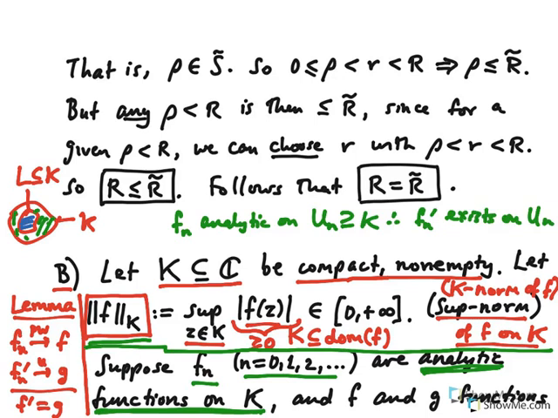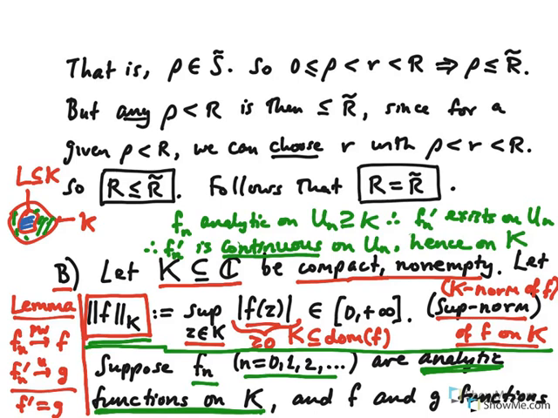But then in complex analysis, that actually tells us that fn prime is continuous. And we need that fact. We're going to need that fact later in the proof. Fn prime is continuous, actually, on this entire region, and hence on K, because K is inside of u sub n. So the point is that we can infer that the derivatives are continuous.